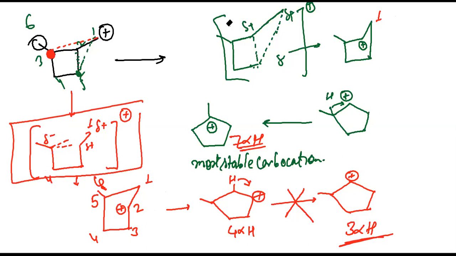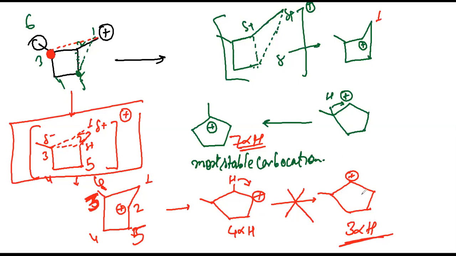It's a very small thing, and it will be corrected. You want me to show 1 here, 2 here, 3 here, 4 here, 5 here, isn't it? Okay. So everything is the same, just the carbocation numbering got changed.